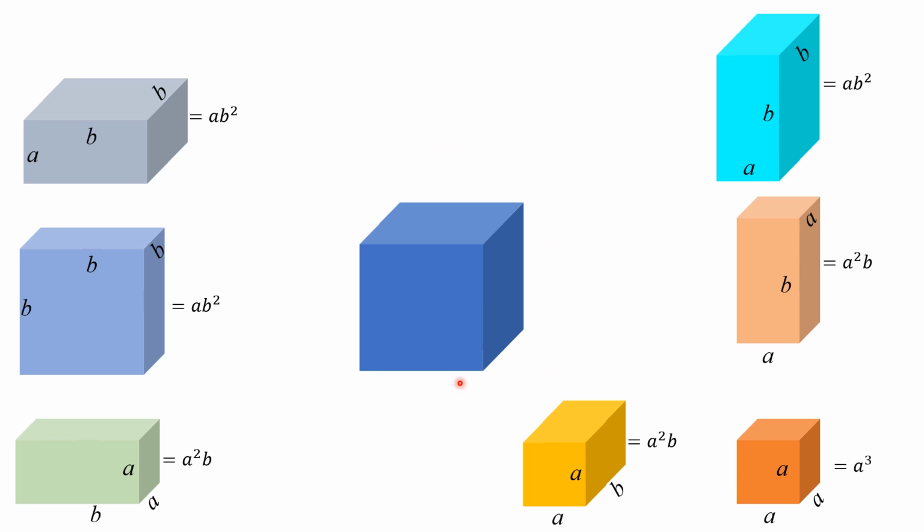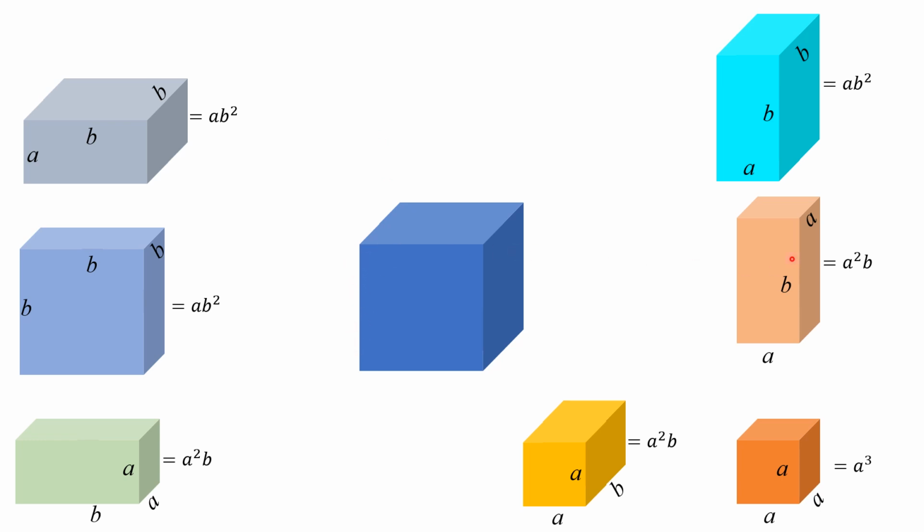This is obviously a cube with each side equal to b. This length was b, this length is also b, this length is also b. Why? Because this portion is b and it is taken from this side, so it is b. And why is this b? Because the total was a plus b, and a is taken from here, therefore it is equal to b.